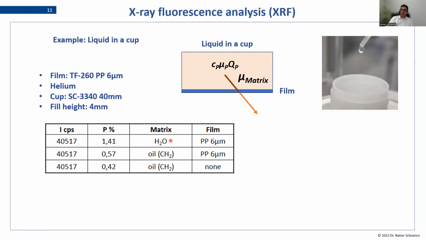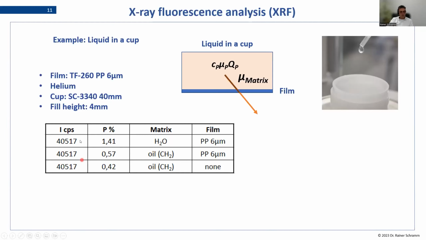This means oxygen absorbs much more than carbon, by a factor of 2.5. This is what you see. That means a water matrix will absorb the phosphorus signal 2.5 times more than an oil matrix. And this is why our result is about 2.5 times different. This is the reason for it.